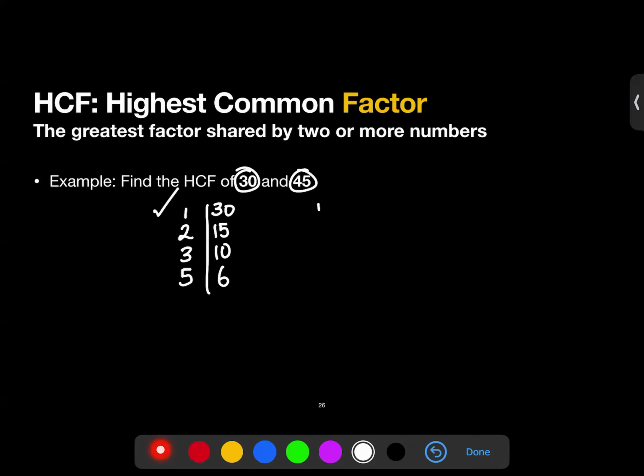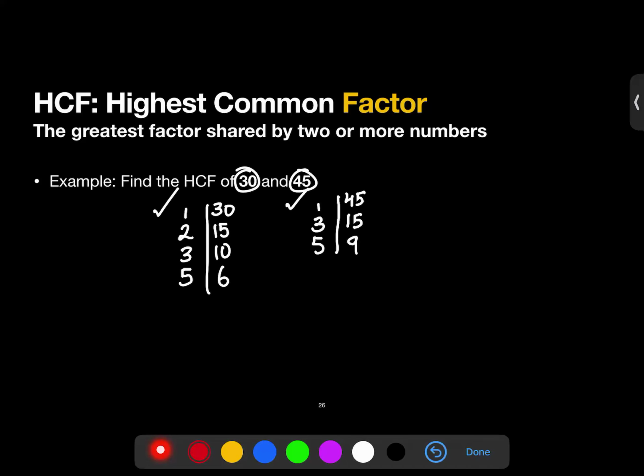Now for 45, we'll do 1, 3, right? 5, 9, 15, 45.